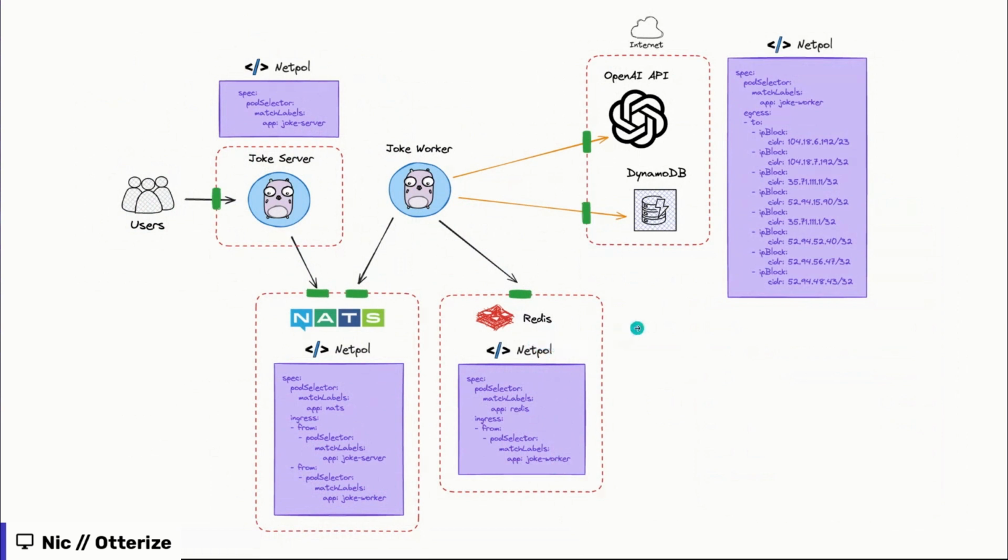And finally, the last part is on the egress side, right? We want the joke worker to connect to OpenAI API and to AWS, to DynamoDB, right? So first, we saw how to authorize the joke worker to connect to the particular table via IAM permissions.